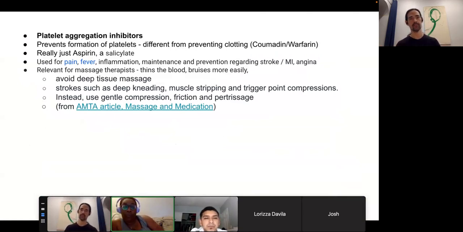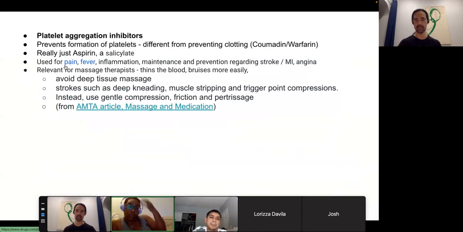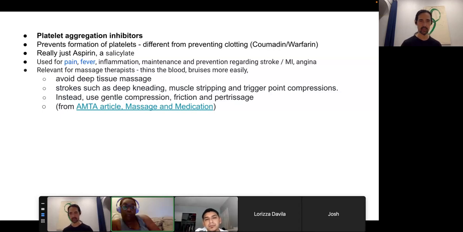Aspirin is also used not just for cardiovascular disease maintenance and prevention, but also for pain, to reduce fever, and generally to reduce inflammation. For these purposes it's used shorter term generally, unless the person has arthritis. They may also be taking something like Tylenol, which is a different kind of pain reliever.